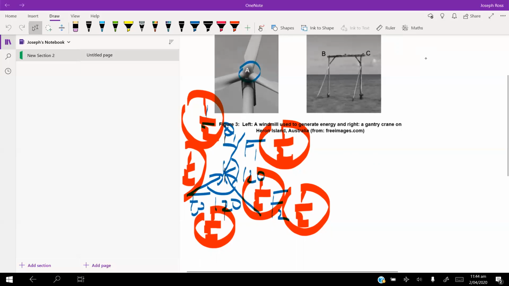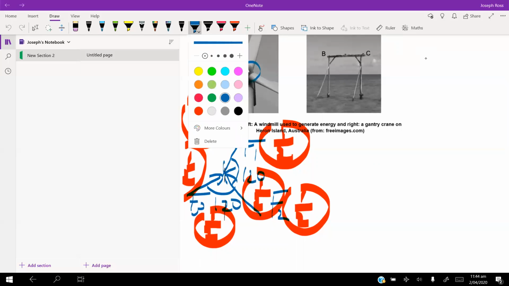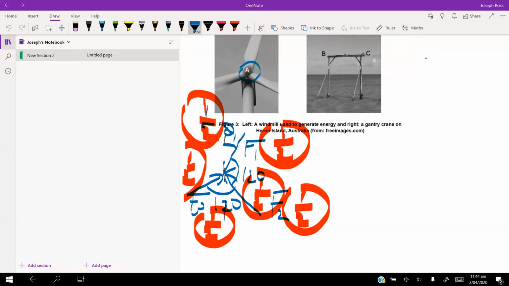And question B, we have a gantry crane, and we are only interested in forces acting on B and C. So this is point B, and this is point C. Now we will have the weight acting straight downwards, so that is going to be F1.